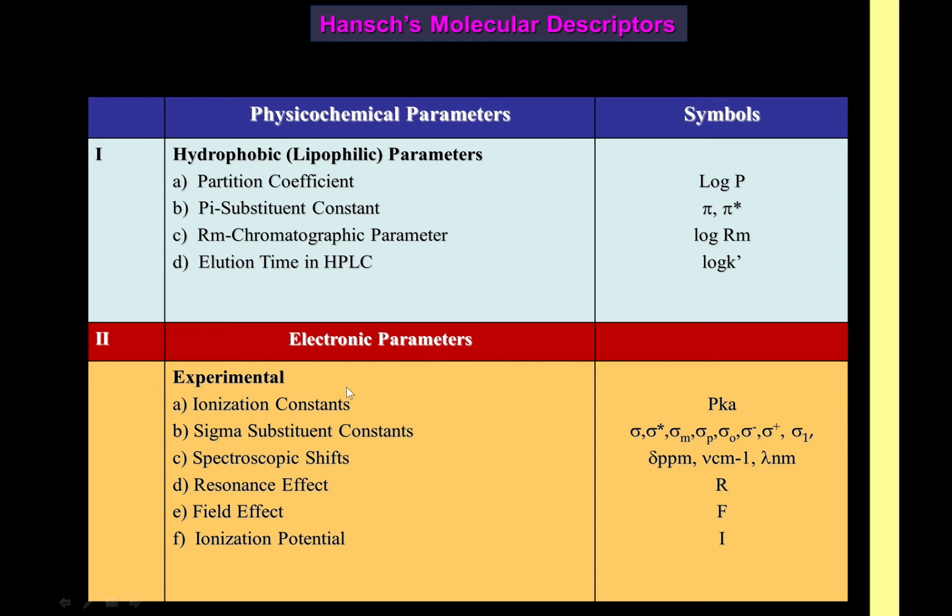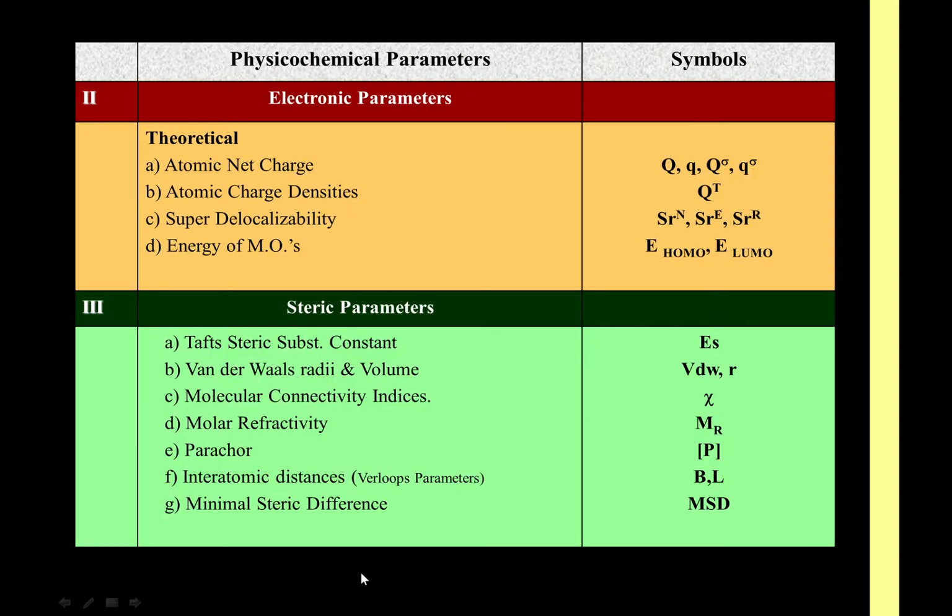For electronic parameters, you have ionization constants, various types of Hammett constants, spectroscopic shifts, resonance effect, field effect, and ionization potential. For theoretical electronic parameters, you have net atomic charge density, superdelocalizability, energy of molecular orbitals, highest occupied molecular orbital energy, and lowest unoccupied molecular orbital energy.